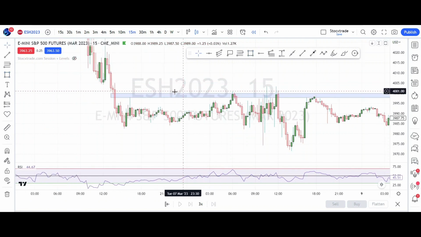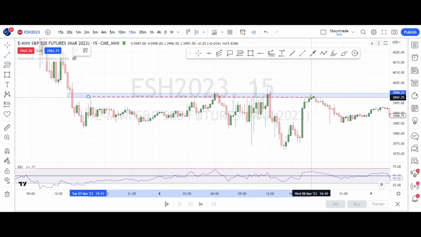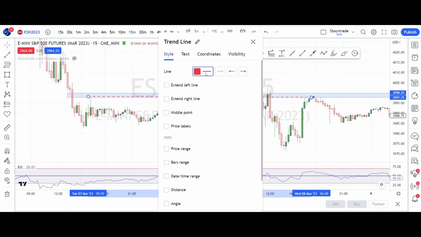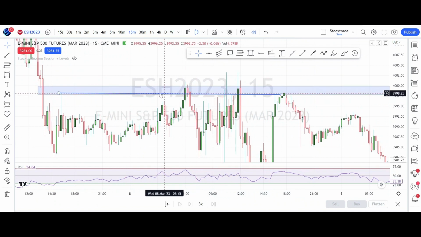So I will be looking at something in this zone, or I can mark this high like I marked the blue line, and I will be selling from this area.